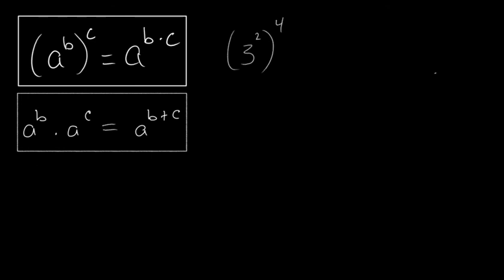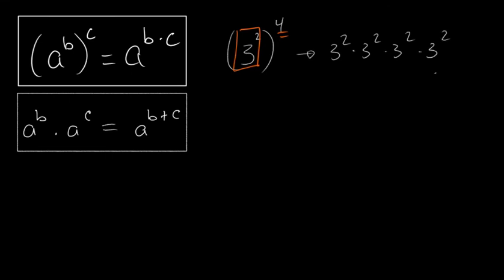Now what this says is that I have exactly 4 collections of factors that look exactly like this, right? I've got 4 of those 3 squareds. If I wanted to, I could rewrite this as 3 squared, there's 1 of them, 2 of them, 3 of them, and finally 4 of them.